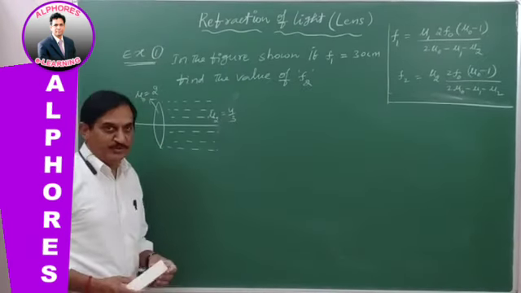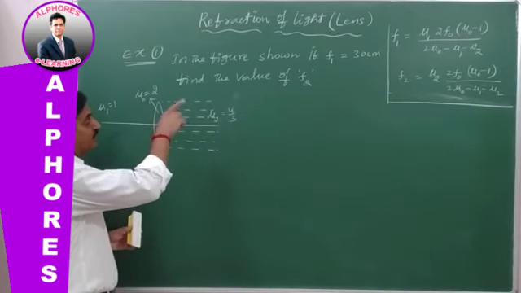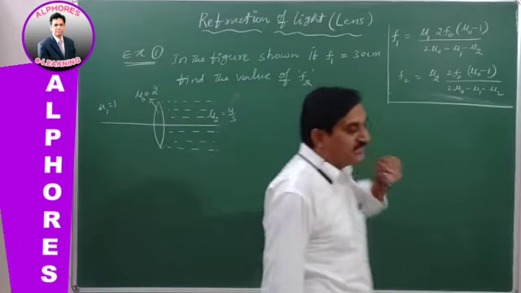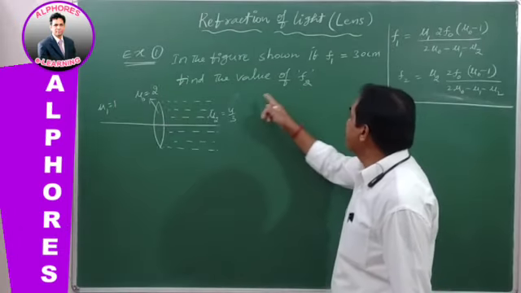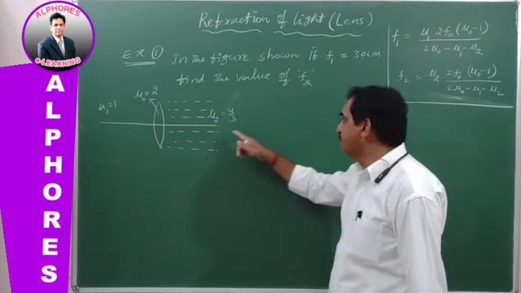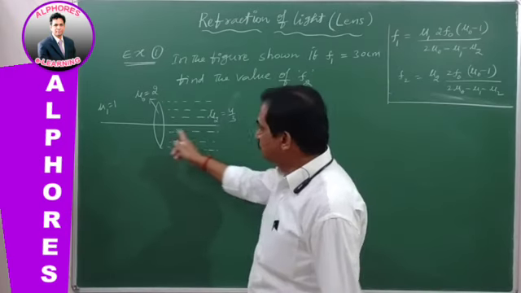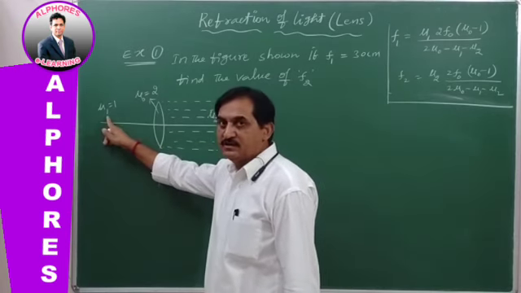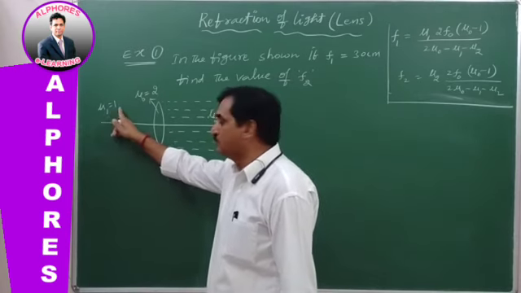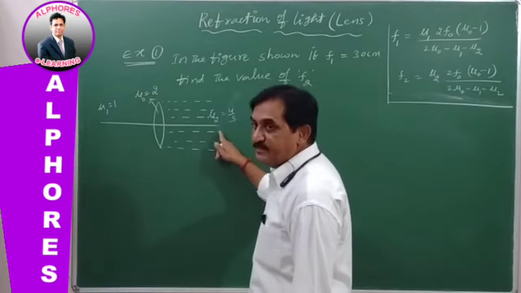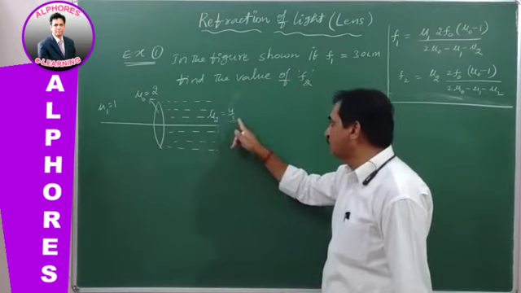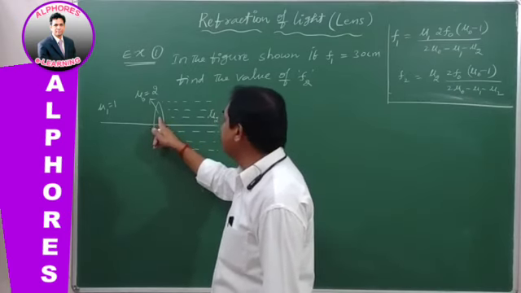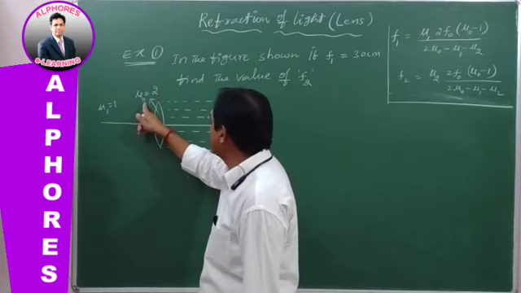Let us go for a problem. In the figure shown, the first focus point f1 is given as 30 centimeters, and we need to find the value of f2. On both sides the medium is different: the refractive index on the left side is mu1 equal to 1, on the right side the refractive index is mu2 equal to 4 by 3, and the lens is made of glass or any material whose refractive index mu naught is equal to 2.